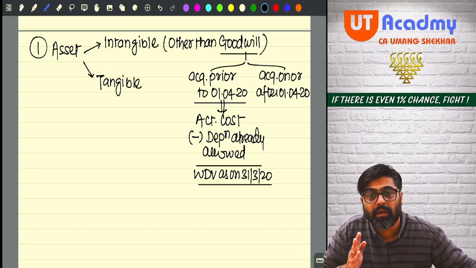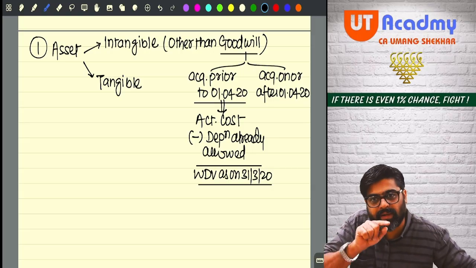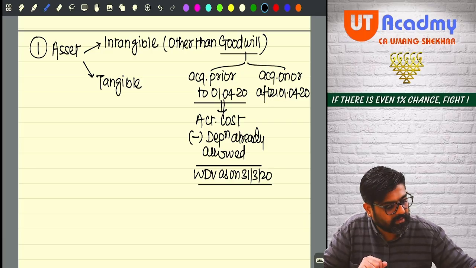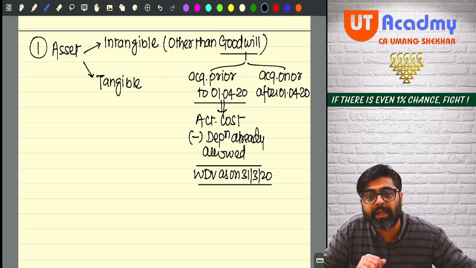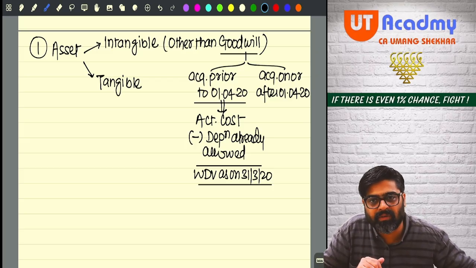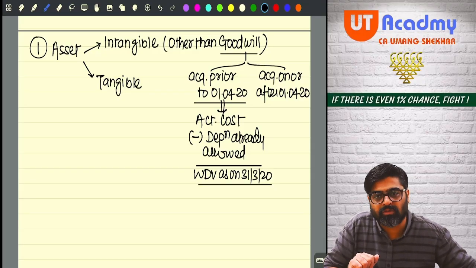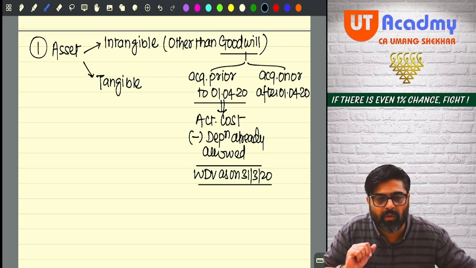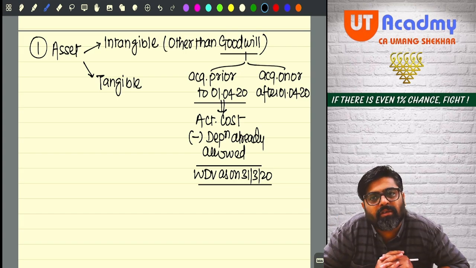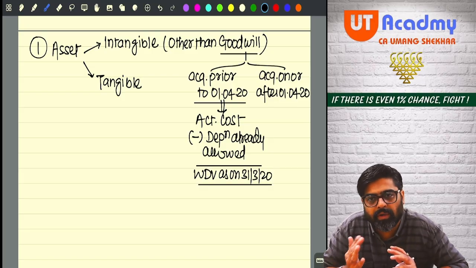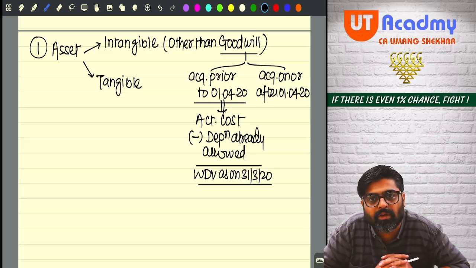Then in the year 1920, second year, I would have claimed the depreciation on 75 lakhs at 25%. 75 into 25% will be 18.75. So 18.75 is the depreciation for the second year, 1920, and 25 lakhs was the depreciation for the first year, 1819. How much total depreciation? 43.75. So out of 1 crore, 43 lakh 75,000 was already allowed to you in the form of depreciation till 31st March 2020. Yes or no?